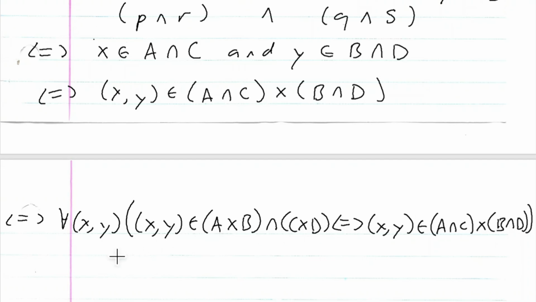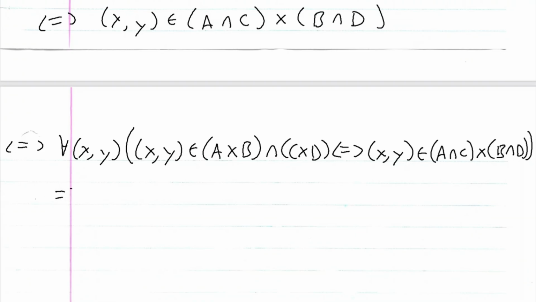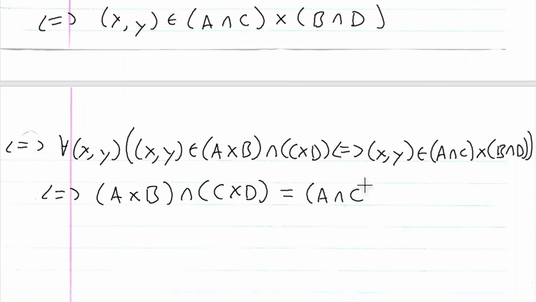So if xy is in here if and only if xy is in here, this means that this must be equal to this. So that means that (A cross B) intersection (C cross D) is equal to (A intersection C) cross (B intersection D). And that is the proof.